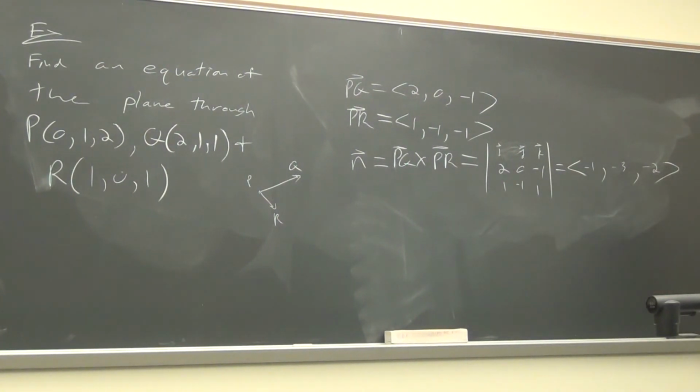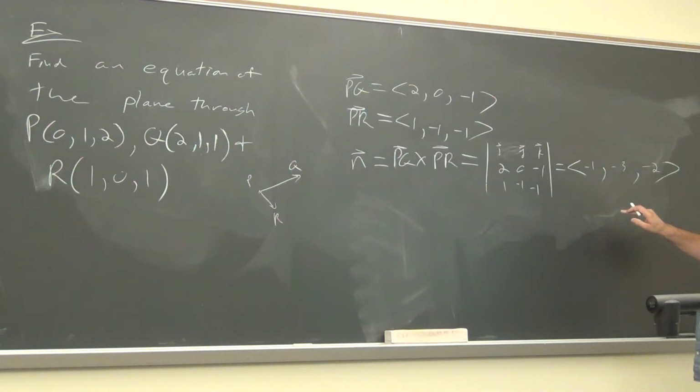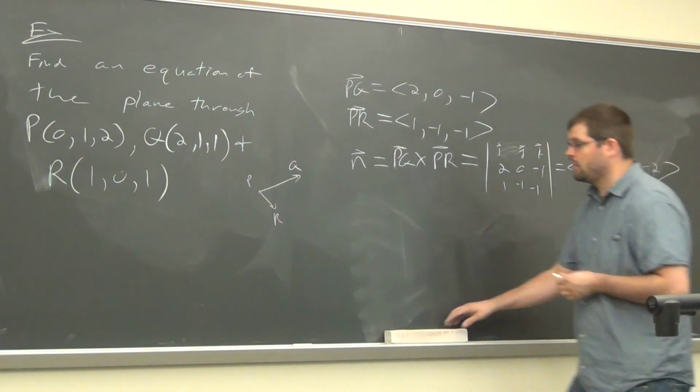Oh, I had a negative here, I dropped. Let me go back to these now. So the first one should still be -1. The second one should now be -2 plus 1, so this one should be positive 1, right? I think that's okay. Speak up if you're getting different cross products.